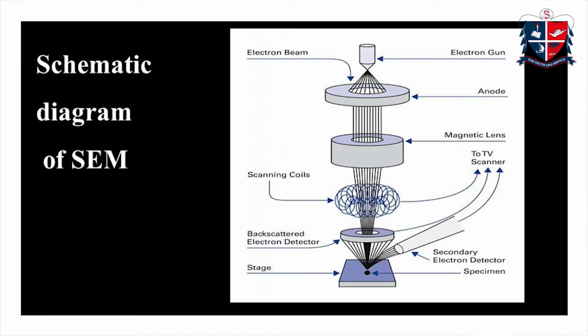and backscattered electrons. By using a secondary electron detector and a backscattered electron detector, we detect these two kinds of electrons. Also, there will be X-rays. So these three, secondary electrons, backscattered electrons and X-rays, give information about the surface of our specimen.